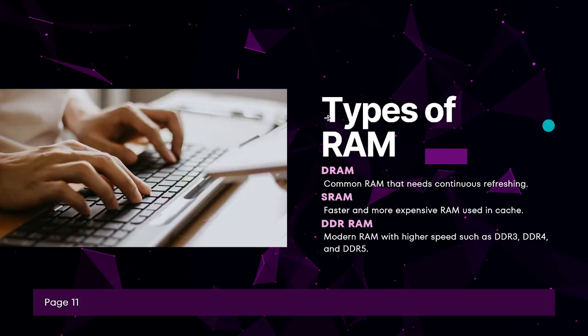We will go here to the types of RAM. So we have DRAM, SRAM, and DDRAM. So there are a lot of different types of RAM. DRAM is the most common in our lives right now, and the SRAM is faster and used in cache memory, but it's very expensive.